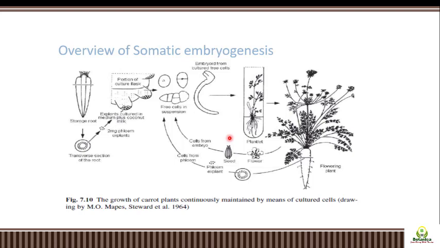The first experiment we discussed, when we were introducing you to plant tissue culture, was the one carried out by Stewart et al. in 1962, 63, 64. This is the period in which they carried out these experiments.